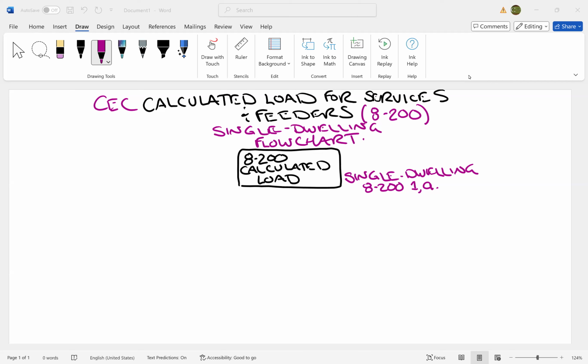And if it's a large electric range, you're going to use 6,000 watts plus 40% of above 12 kilowatts. Why is that?